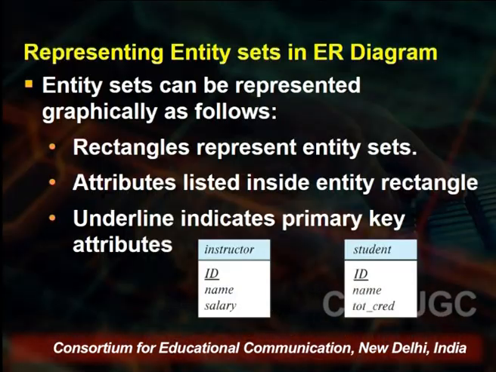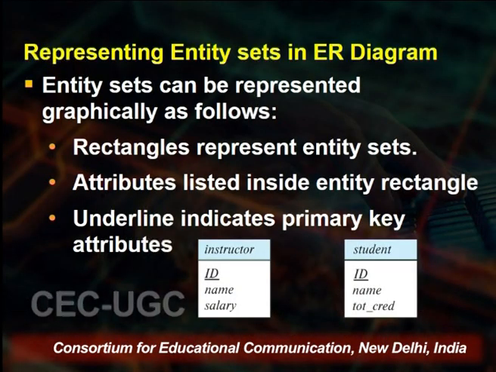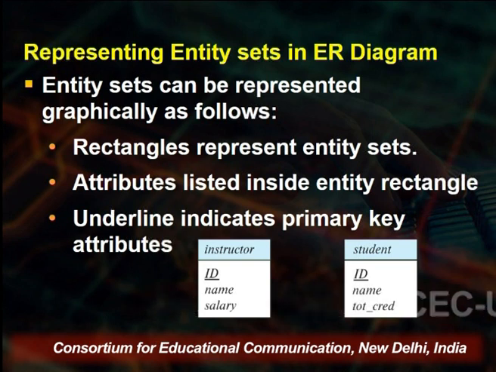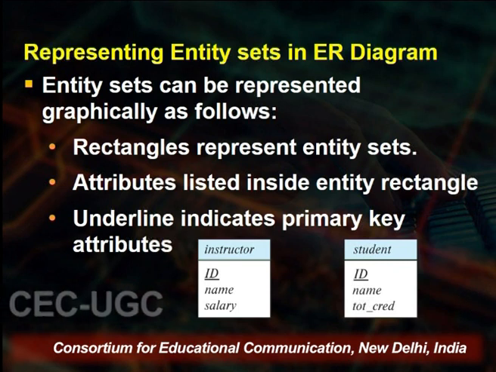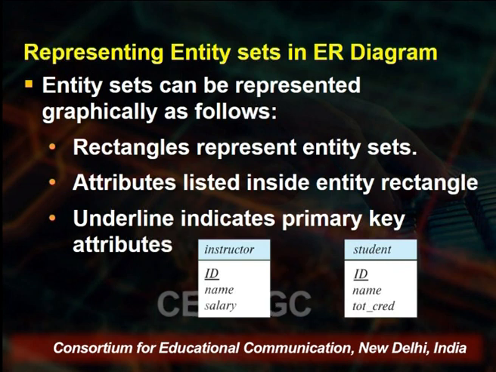And we have seen that there are three building blocks of this entity relationship diagram. One is the entity, second is the attribute, and third one is the relationship. Now, an entity is something which exists and is distinguishable from one another, and we have also seen how to identify these entities.